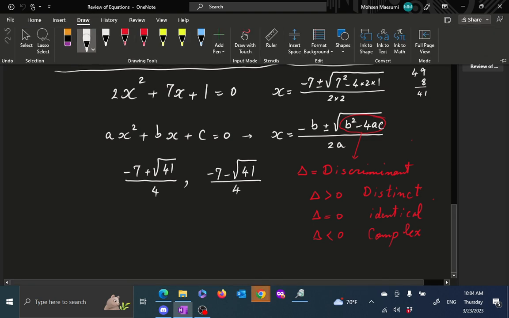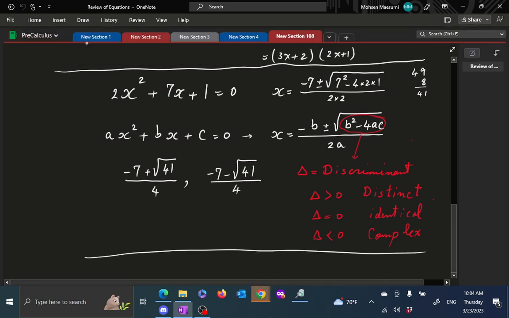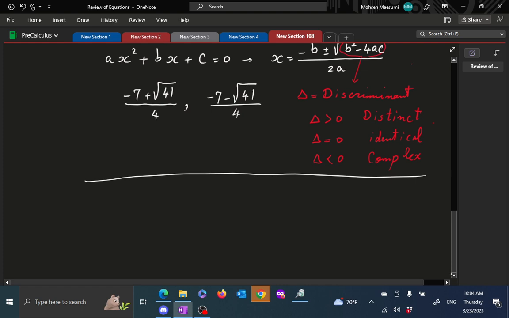Next issue is what if the equation that we have has a fraction in it? So suppose I have, say, 2x minus 3 over 5x minus 4 equal to 0. A fraction has a numerator and a denominator.